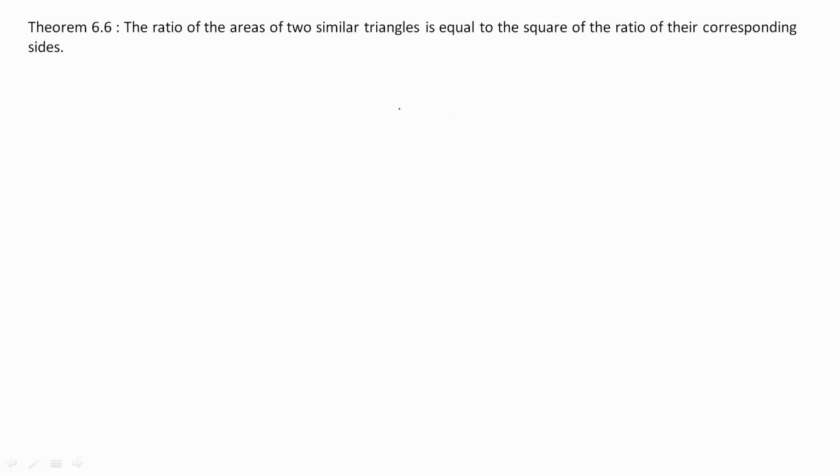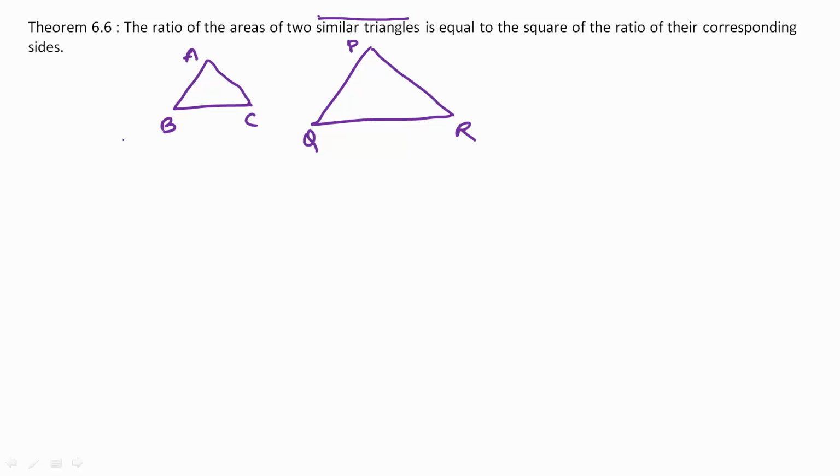Means, it is given that if you have two triangles, triangle ABC and triangle PQR, in which both triangles are similar.